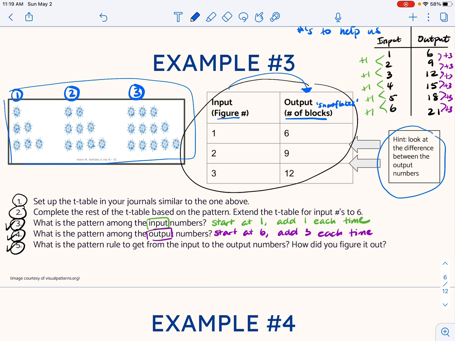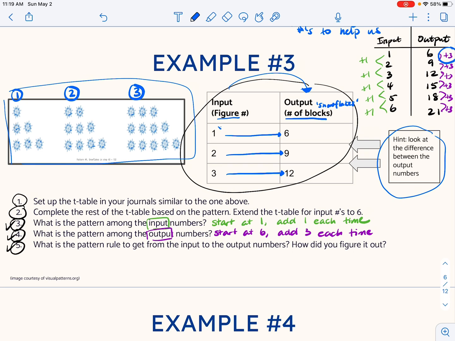So we know that the differences are not all the same, right? The difference between 1 and 6 is 5. The difference between 2 and 9 is 7. And the difference between 3 and 12 is 9. So there's no consistency. So what we're going to do is take that pattern amongst the output numbers and use that as a number that we're going to multiply by.